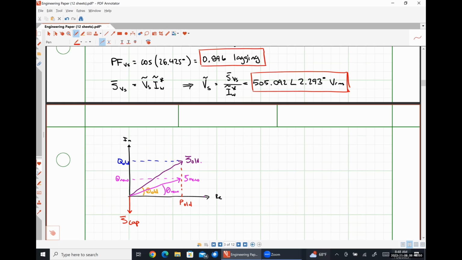Let's do some math here really quickly. So earlier on, we said that S cap was equal to negative j omega C times the magnitude of the effective voltage squared.